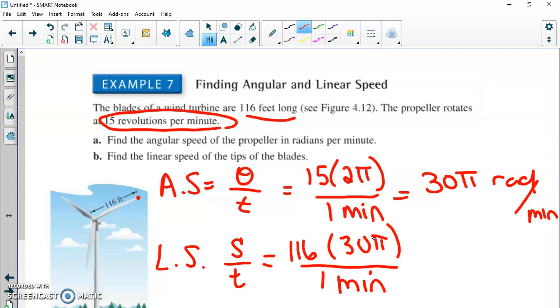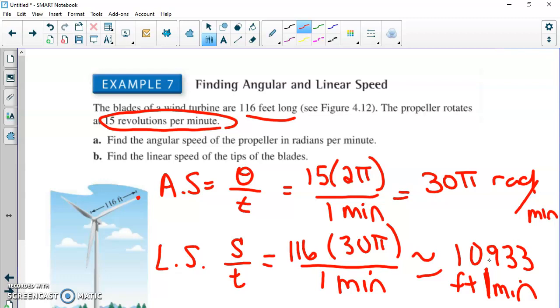All right, so this one here would be approximately 10,933 feet per minute. All right. So this one seemed a lot simpler because they already said per minute, and we were asked to find things per minute. Be careful.